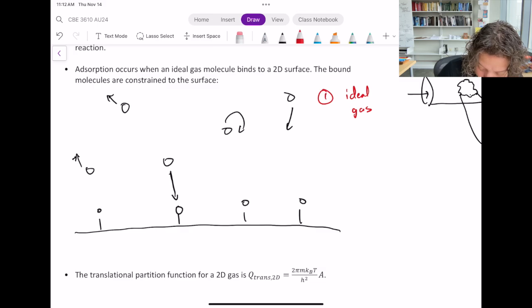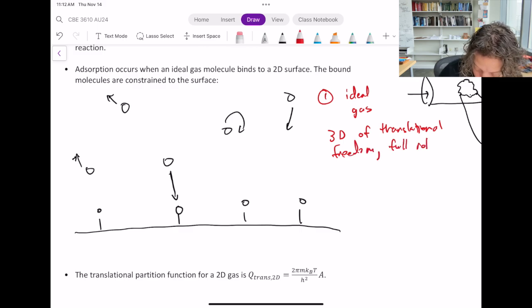These have 3 degrees of translational freedom. They have full, we'll just say full rotational and vibrational freedom.